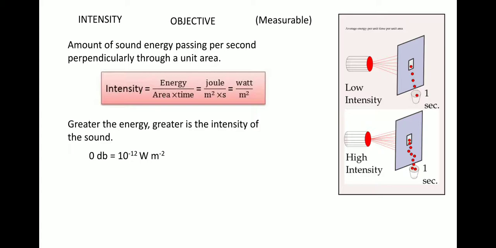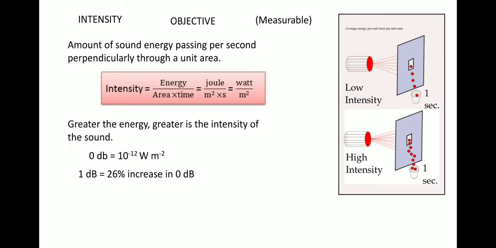And when you want to increase from 0 decibel to 1 decibel, the increase is 26% of whatever the sound intensity was at 0 decibel. Okay, 1 decibel is equal to a 26% increase over 0 decibel sound.